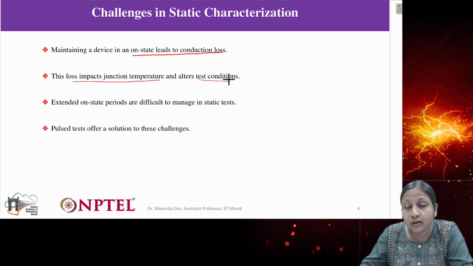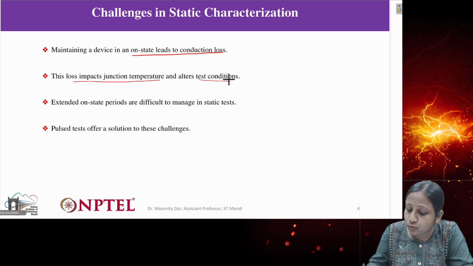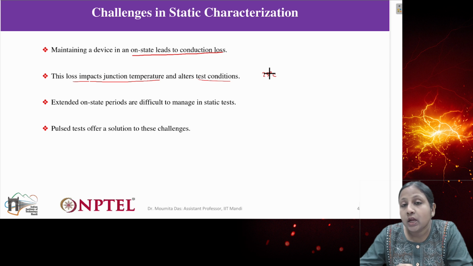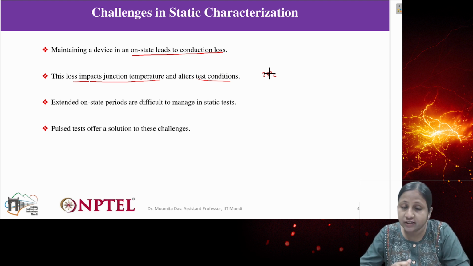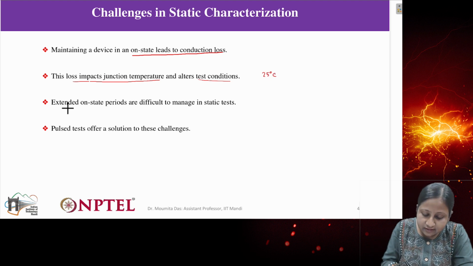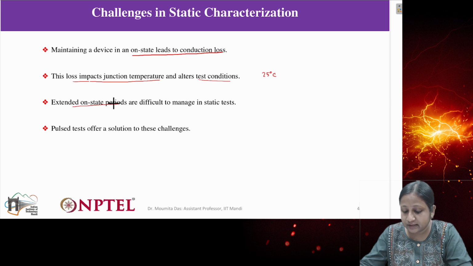Let's say you are trying to achieve the condition at 25 degrees Celsius, room temperature. If the test condition changes, this 25 degrees Celsius can change to 50 or 100 degrees Celsius. Then you will not get the actual value. And the third thing is that extended on-state periods are difficult to manage in static tests. This is also another challenge.